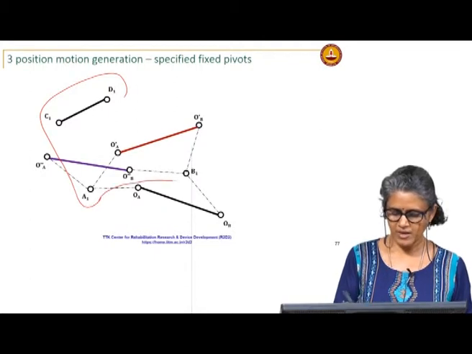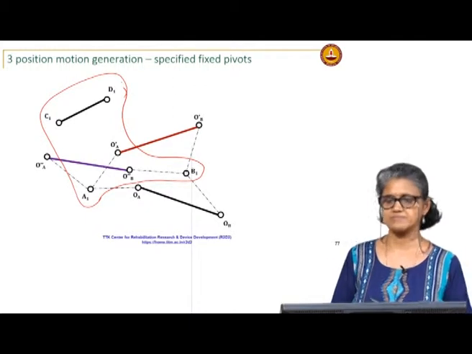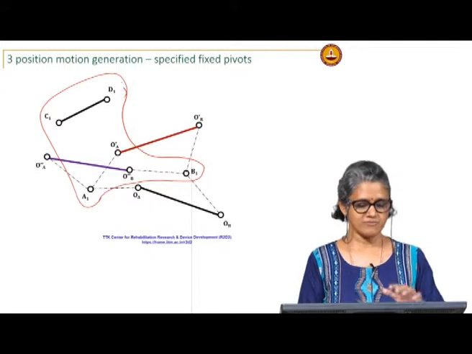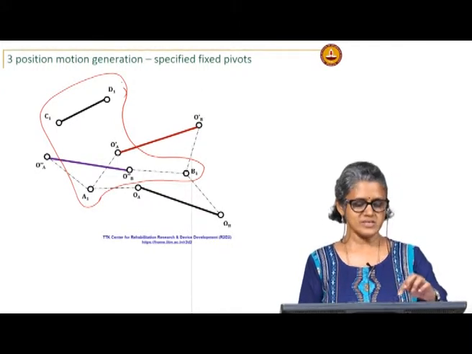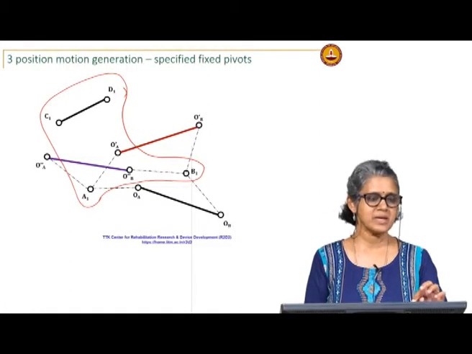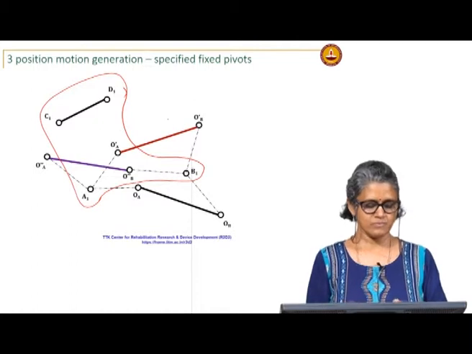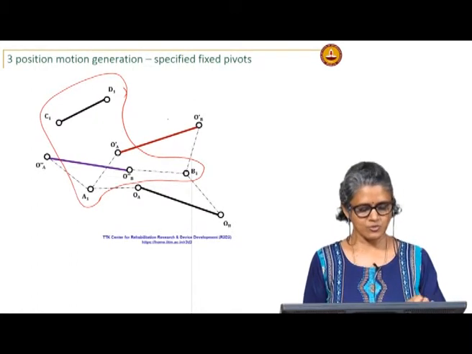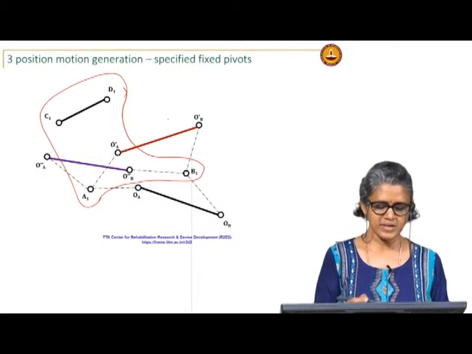So, if my body was shaped like this, okay, that right now that is my fixed link. Okay, this is where I would have to locate A and B, so that OA dash moves along a circular path from OA to OA dash to OA double dash, right.